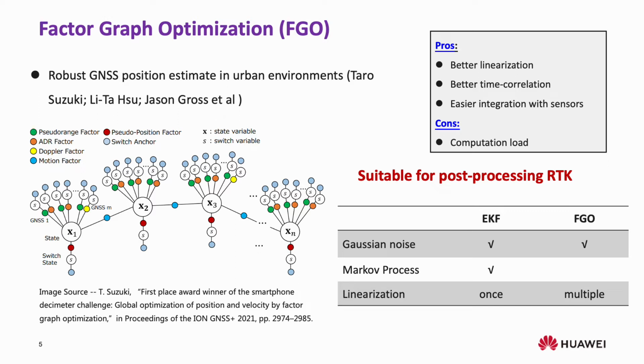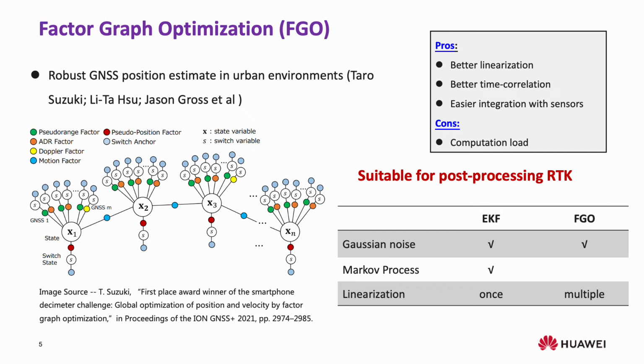Compared with Kalman filter, there are some advantages for factor graph optimization. The first one is that factor graph optimization has better linearization. This is due to multiple iterations for each epoch.